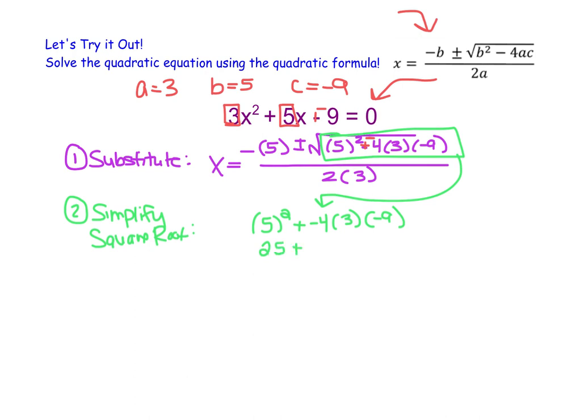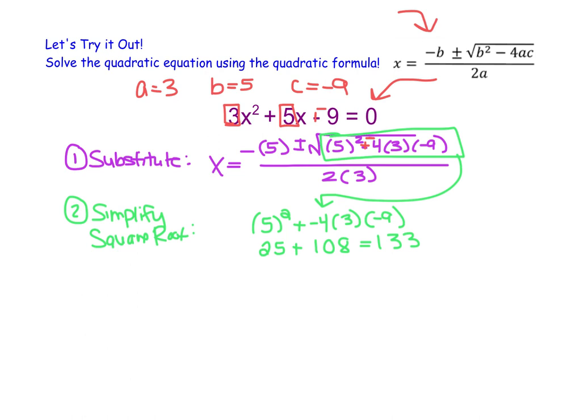Then I do plus, then I have negative 4 times 3, which is a negative 12. And negative 12 times negative 9 is 108. And those two items added together equal 133. So I simplify that piece underneath the square root.